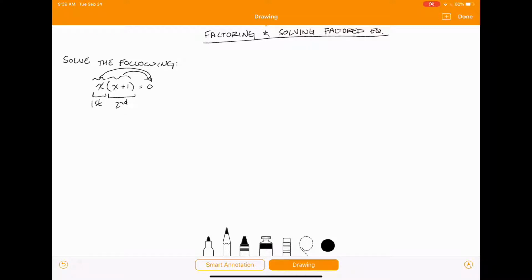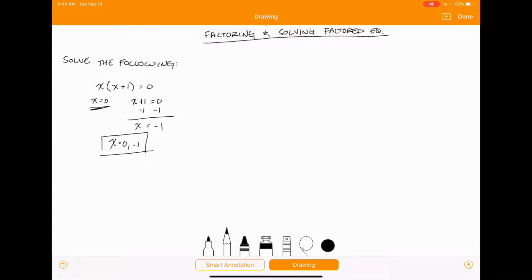So in this case, we're going to go ahead and set x equal to 0 and x plus 1 equal to 0. And then you can solve for x. So it's already solved for x here. So on this other side, we can just subtract 1 from both sides and get x is equal to -1. So the full answer for this particular equation is going to be x is equal to 0 and -1.